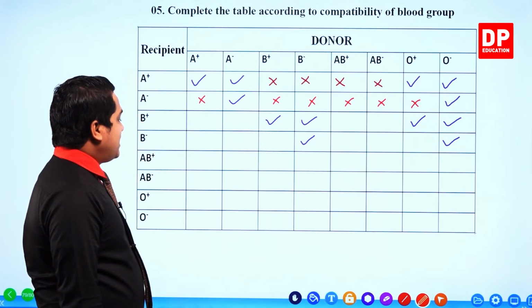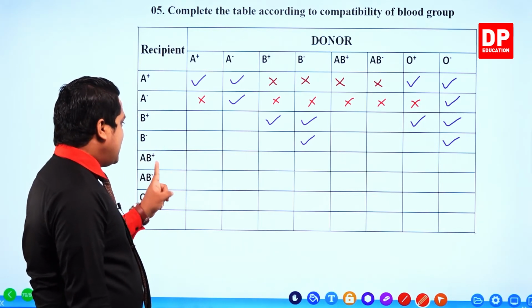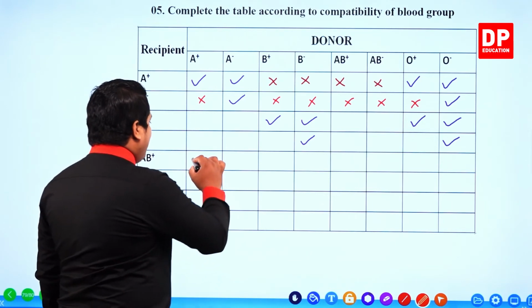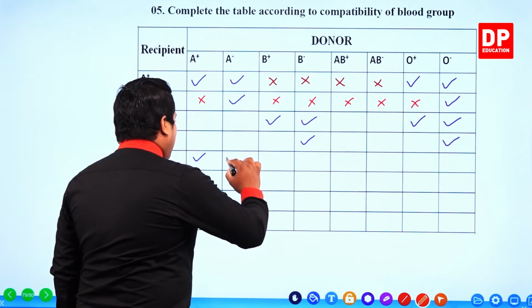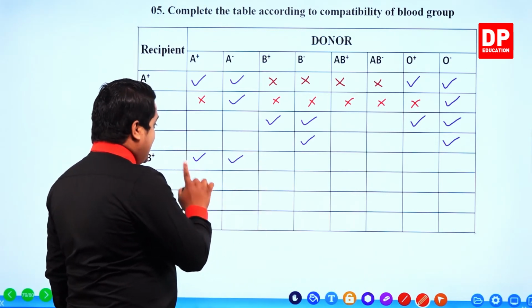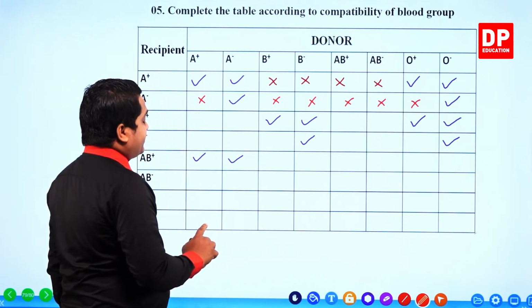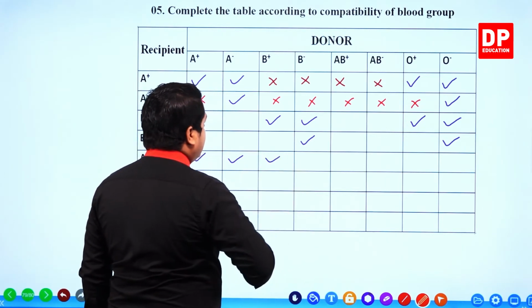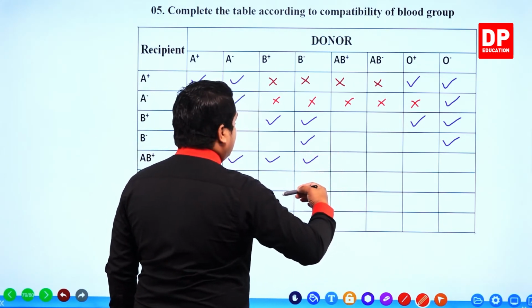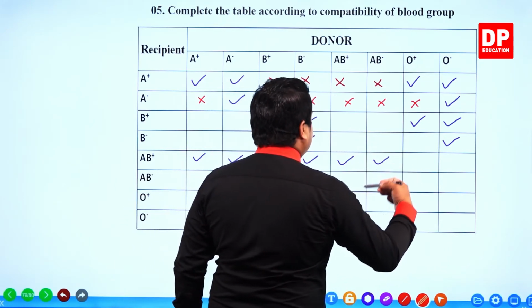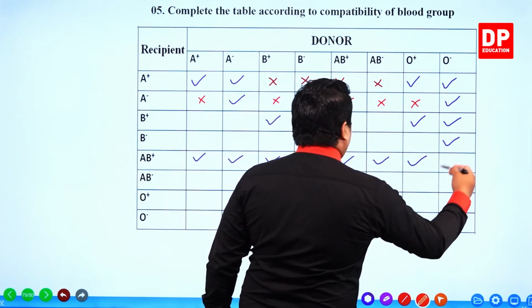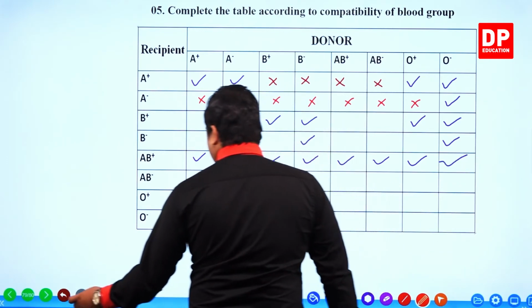Then AB plus. AB plus can receive from AB plus, from A plus, from A minus, from B plus, from B minus, from AB minus, from O plus, from O minus.